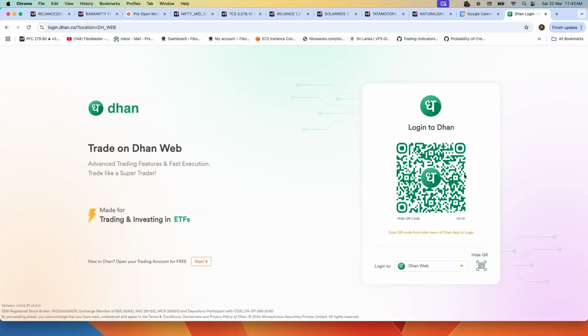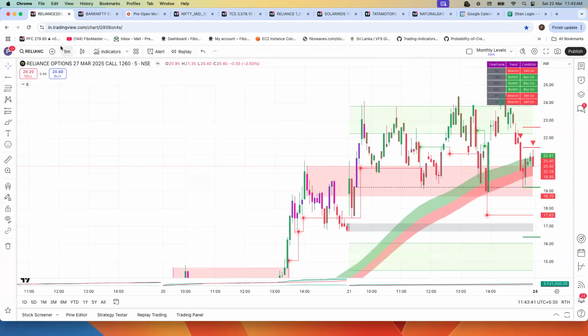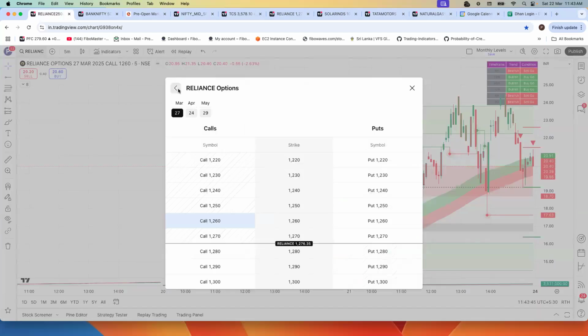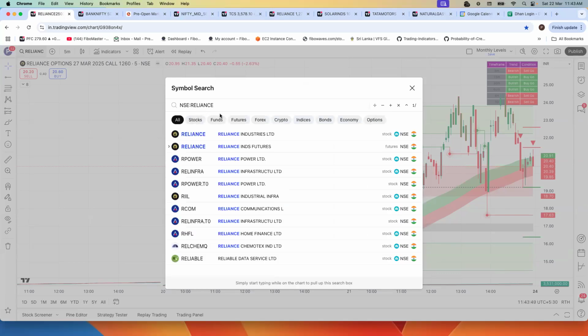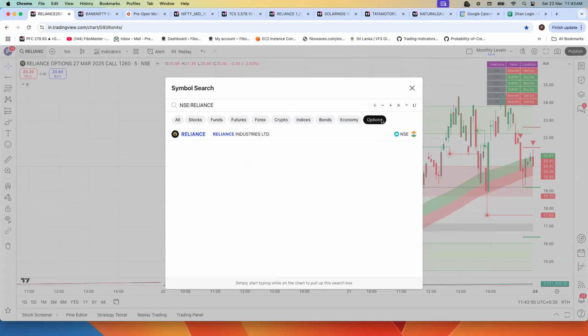Sir, one request. How did you go to the option chain in TradingView? Option chain, sir, not option. When you click on here, it will come like this. Click on options, and then you'll find Reliance coming here.